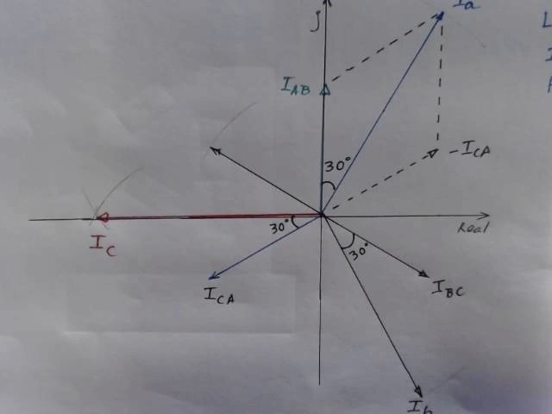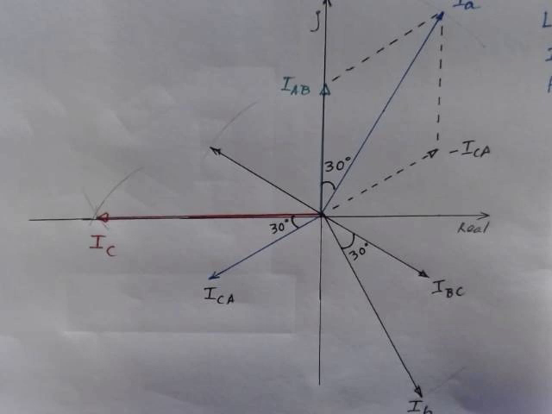Now, the vectors that represent the line currents IC, IB, IA are clearly indicated in the phasor diagram. The angle between the line current IA and the phase current IAB is 30 degrees.